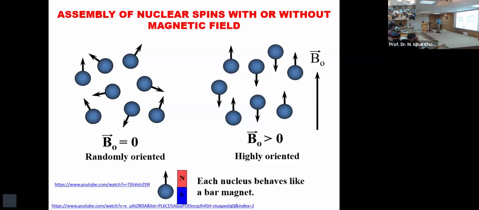The ones aligned with the field are in a low energy state, called the alpha energy state. The ones opposed to the field are in a high energy state. This is exactly like when you bring a compass, it would certainly orient around the north direction. The same thing happened because they are magnets.